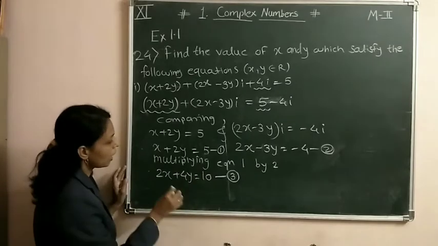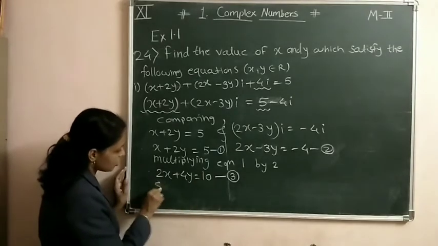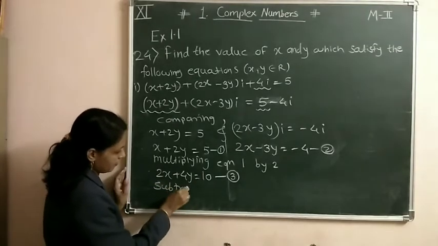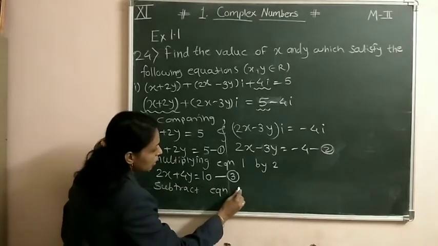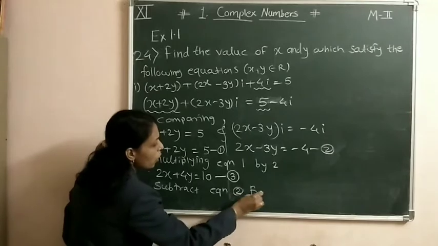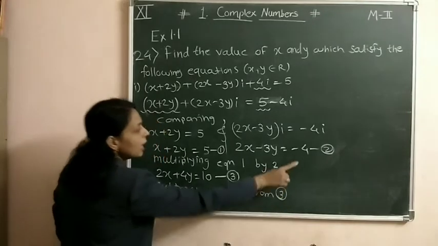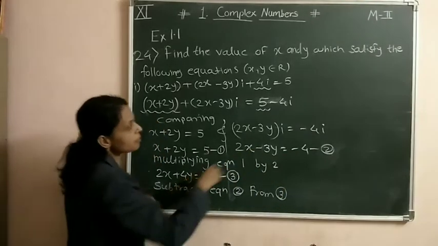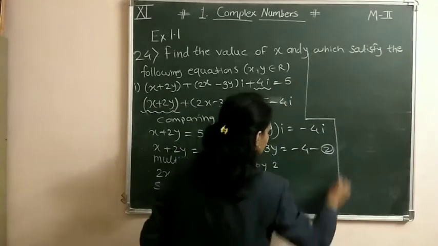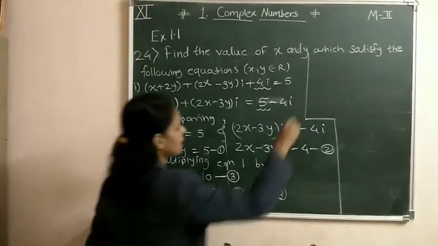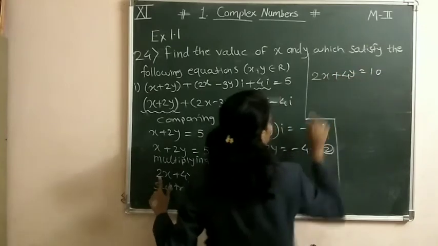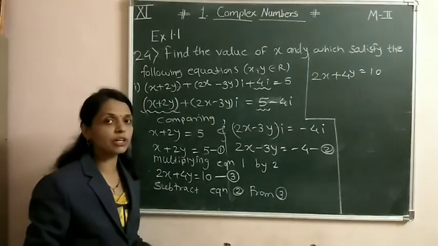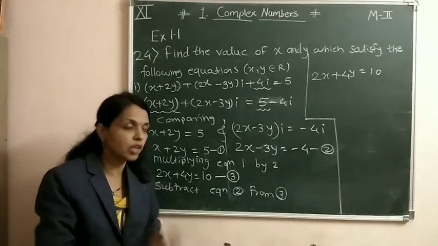So, subtract equation 2 from 3. This equation has to be subtracted from this equation. So the equation is 2x plus 4y is equal to 10. When you are subtracting any equation, change the sign of that equation.